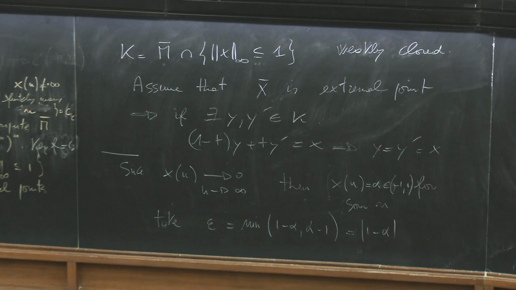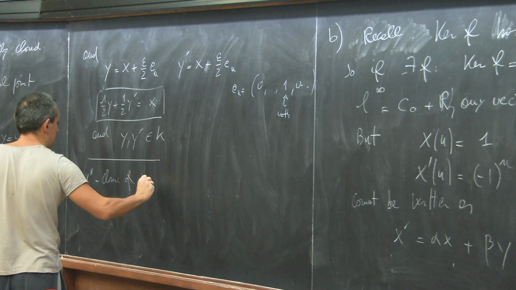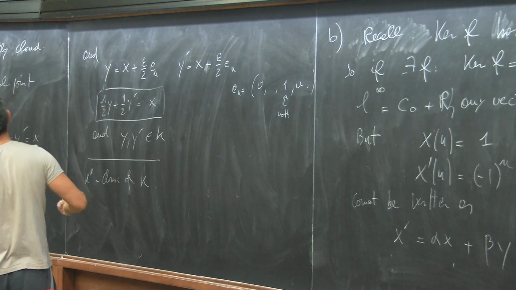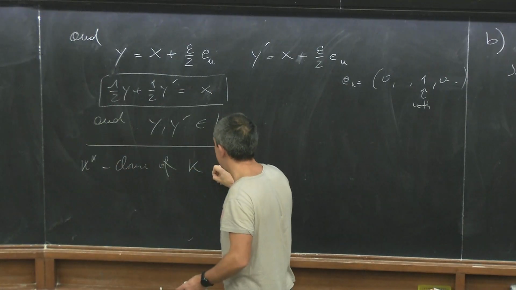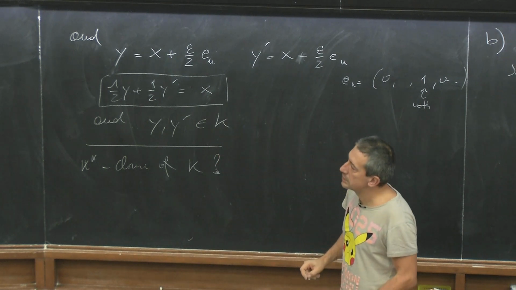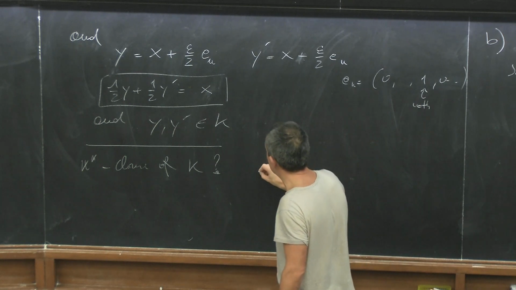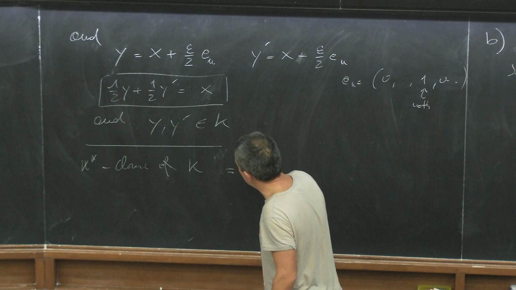However, what is the weak star closure of K? If you want to verify, the weak star closure of K is equal to the unit ball.